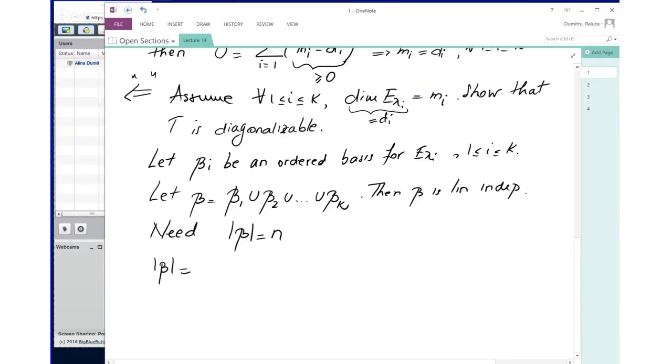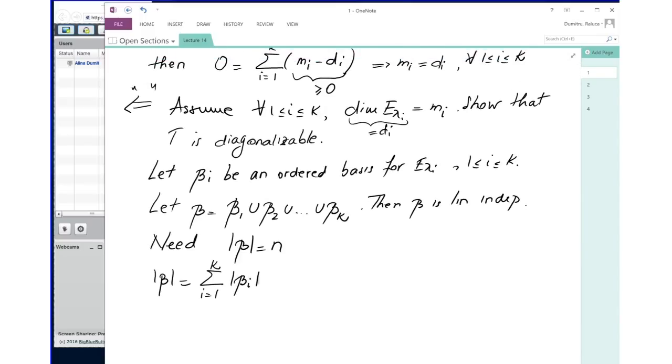Again, there is no overlap between those beta_i's. We know that already. So the cardinality of beta is just the sum from 1 to k of the cardinalities of beta_i. What is the cardinality of beta_i? That's how big the basis for E_lambda_i is, and that is something that we called d_i.